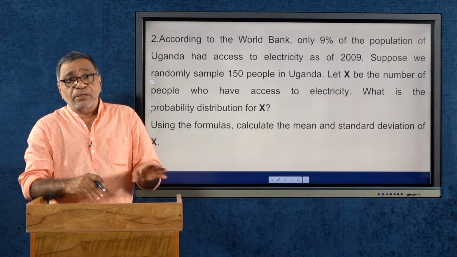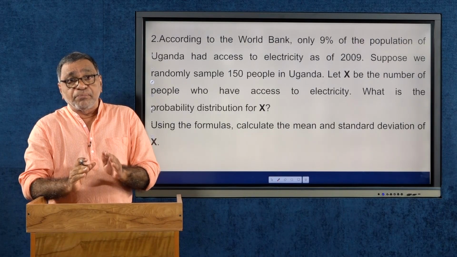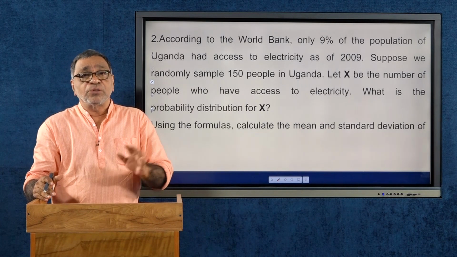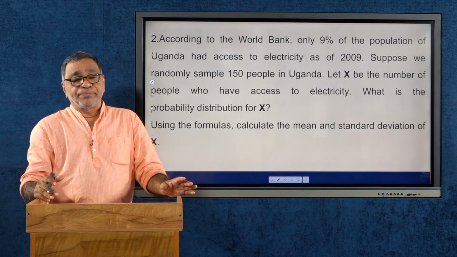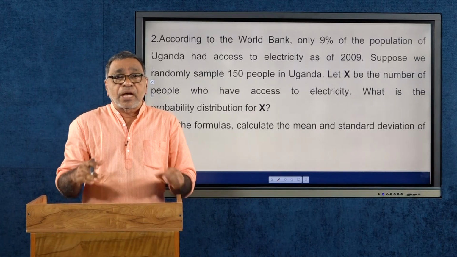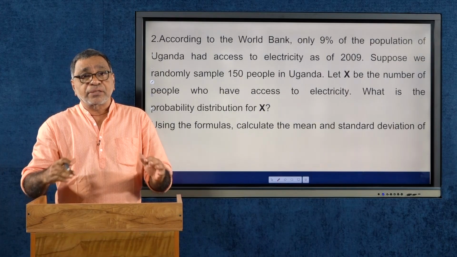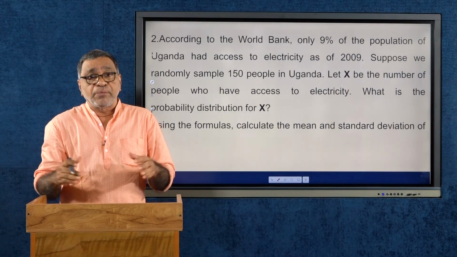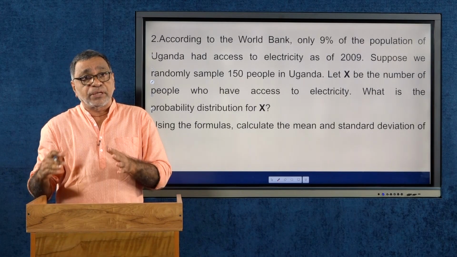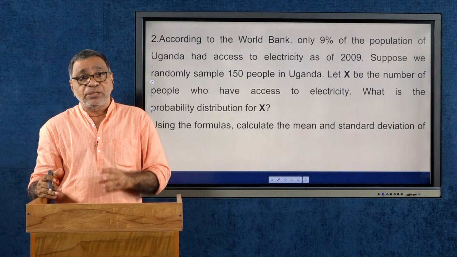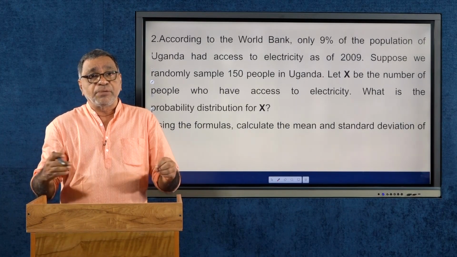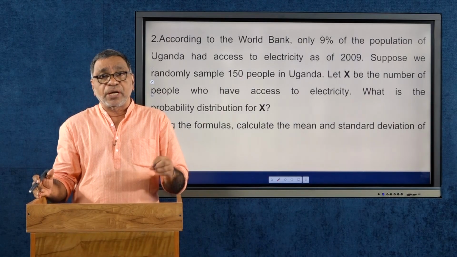Here we have a Bernoulli trial. Why? Because we have two options, access to electricity or no access to electricity. So, success or failure. You are given that 9% of the population has access to electricity. If access to electricity is defined as our success, the probability of success is 9%, that is 0.09.